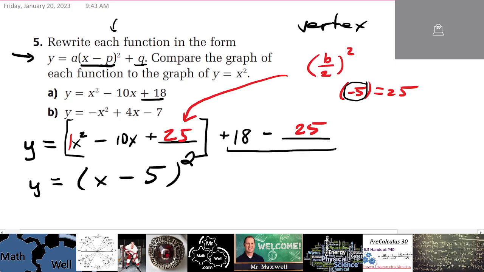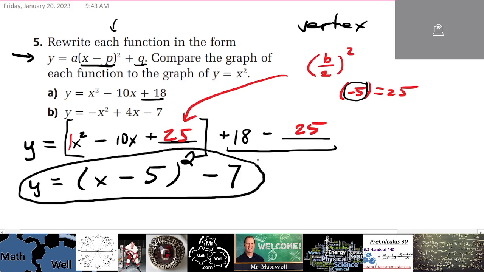And then, of course, you gather the like terms out here. 18 minus 25 is going to be, what, -7? And so that should be the vertex graphing form. A is a 1 there, because there's no coefficient, no number that's shown, so that's a 1. And your vertex is +5, -7. That's the vertex here for this. And it opens upward because A is positive.